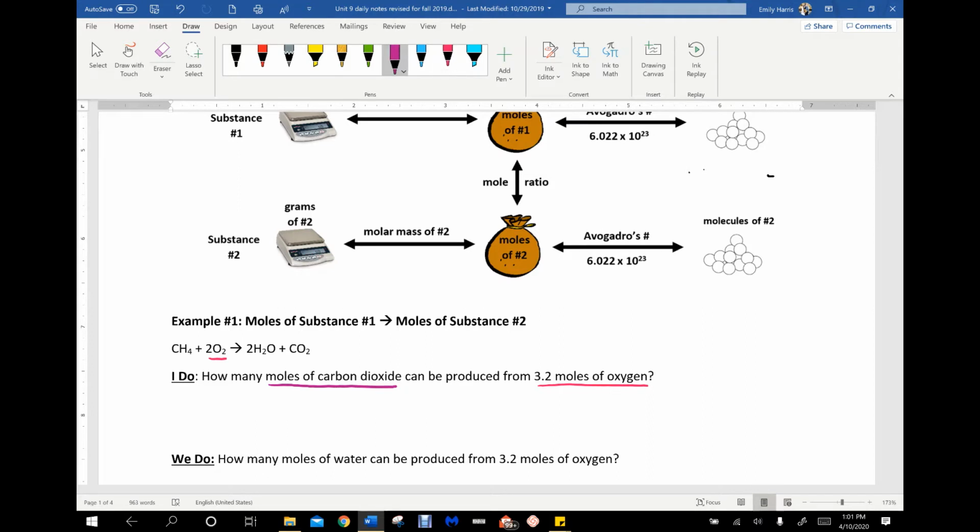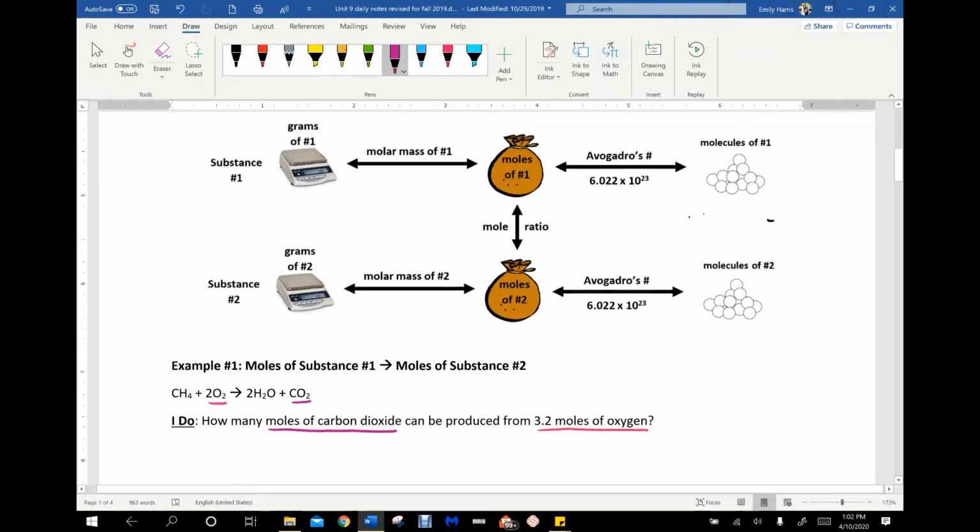So we're starting with some oxygen, putting it into the reaction, and we want to know how much carbon dioxide we can get out as a product. Let's do a little planning. Oxygen is our substance 1, and carbon dioxide is our substance 2.